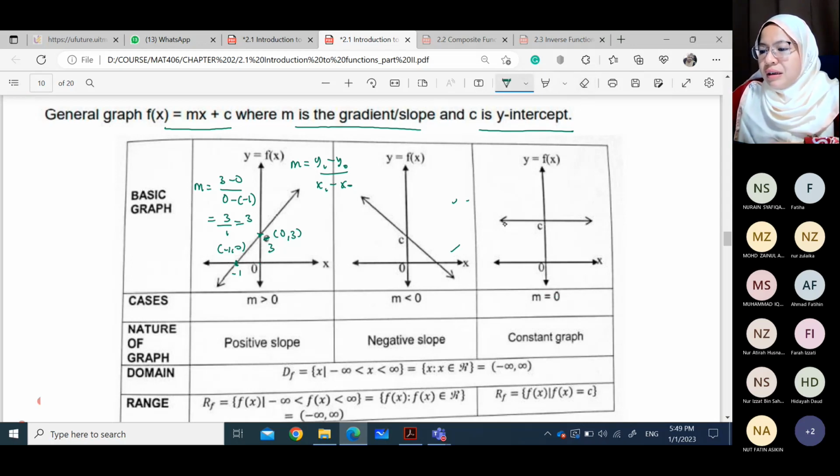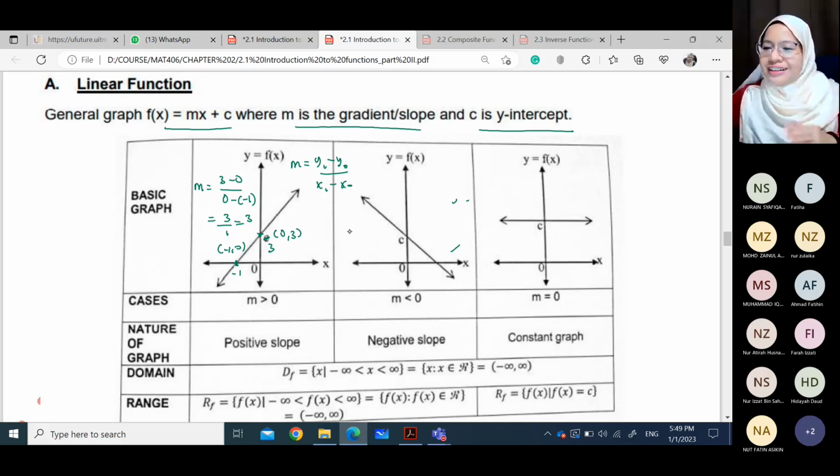Dia straight line selari pada x-axis, pada y-axis. Ini kita panggil sebagai constant graph. Kecerunan macam ni lah, macam ni ada kecerunan. Kalau ini tak ada. Okay, so nature of this graph untuk yang ni positive slope, negative slope and constant graph.